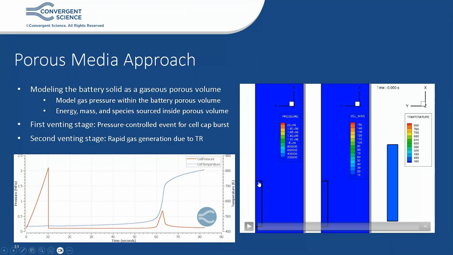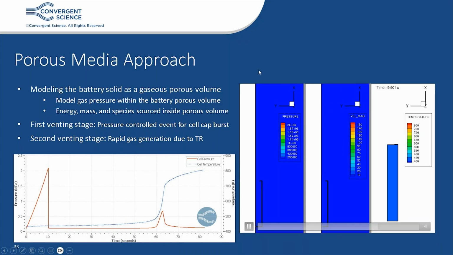Initially, for this cylindrical cell, the cap is closed. So even at lower temperatures, there's still some amount of vent gas generation. Within this closed volume, when you have vent gas generation, the pressure just builds up, and soon we can use pressure control events to burst open the cap and capture our first venting event here within 10 seconds.